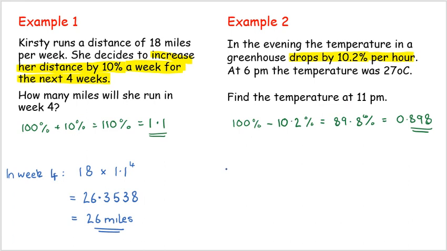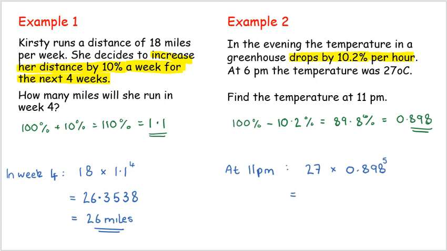So to set up at 11 PM, the temperature would be what we started with, which was 27 degrees, multiplied by our multiplier, 0.898, but we're applying this percentage decrease 5 times, so to the power 5.